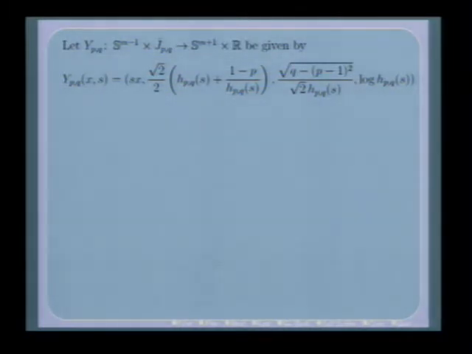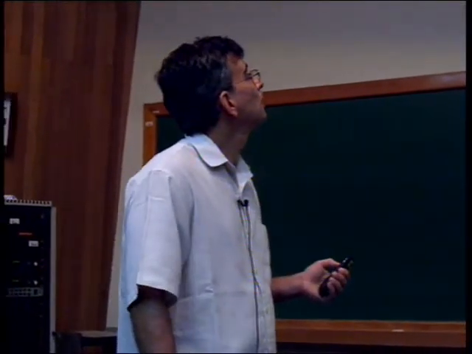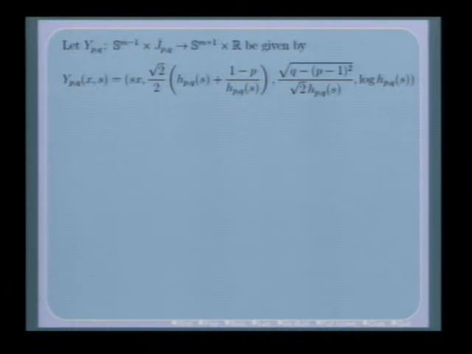This curve with these four coordinate functions is the profile curve. It lies in a totally geodesic S2 cross R inside the ambient space. So the parameterization is explicit. It all involves this function H.